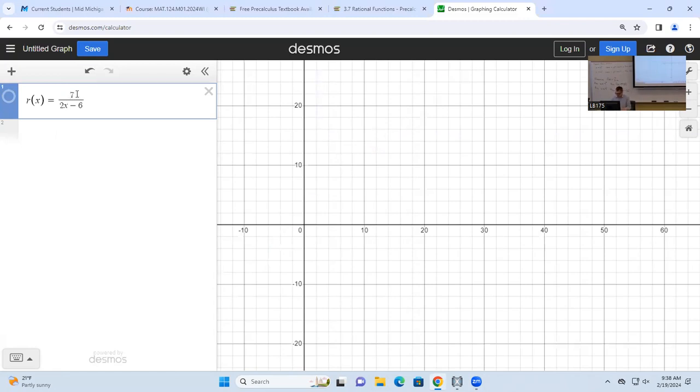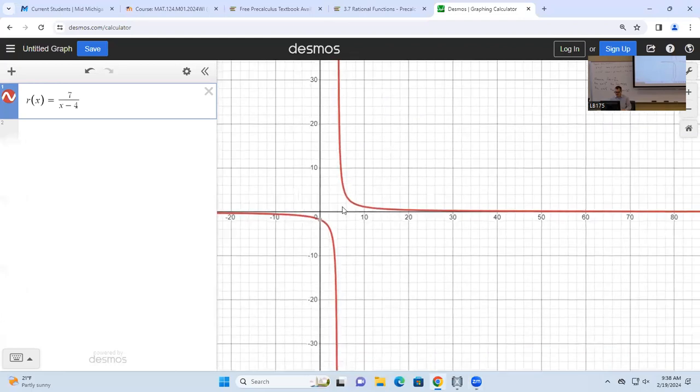So 7 over x minus 4. So that, there we go. Notice that as my function gets closer and closer to 4, from x values that are above 4, it's shooting off to positive infinity.